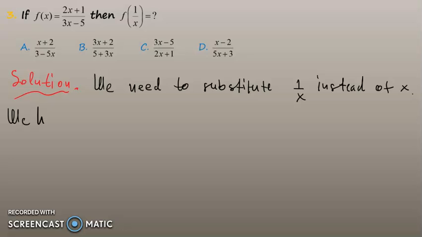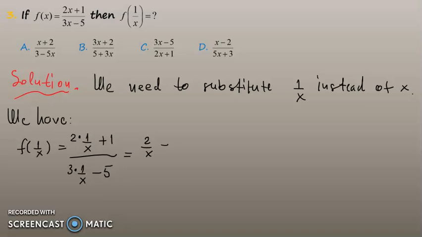We have f of 1 over x will be, follow the definition of the function, 2 times 1 over x plus 1 over 3 times 1 over x minus 5. This is 2 over x plus 1 over 3 over x minus 5.